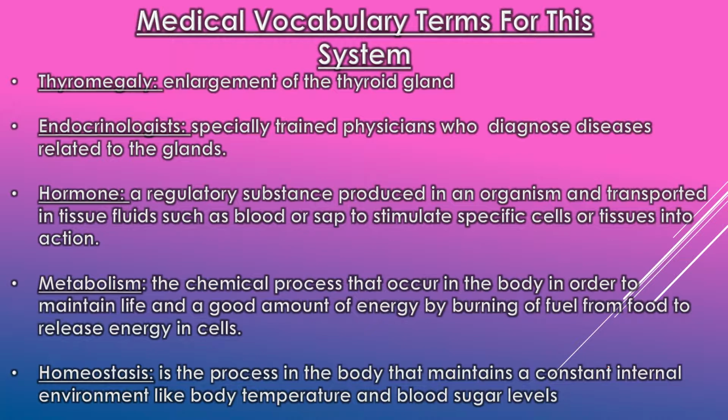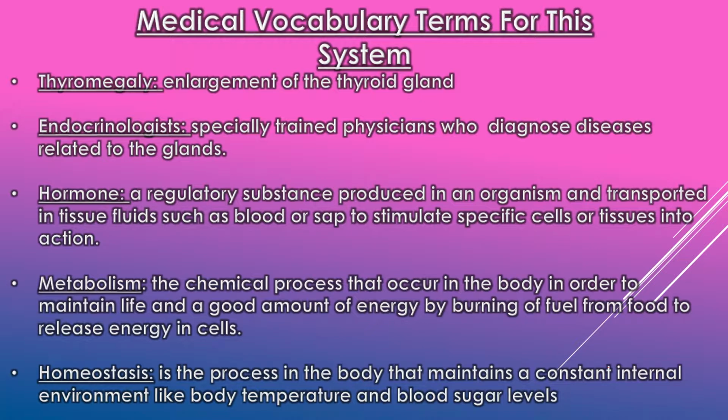Hormone. Hormones are regulatory substances produced in an organism and transported in tissue fluids such as blood or sap to stimulate specific cells or tissues into action.